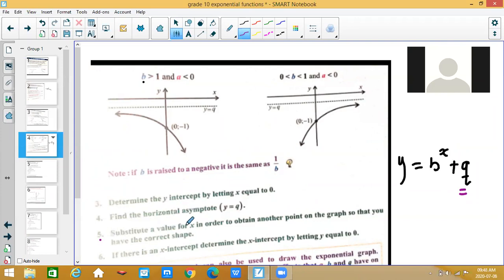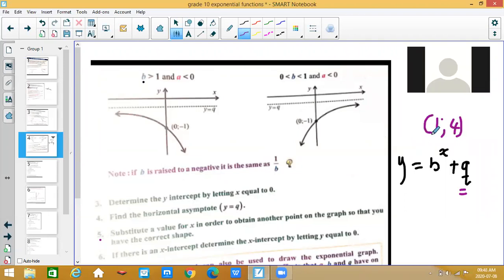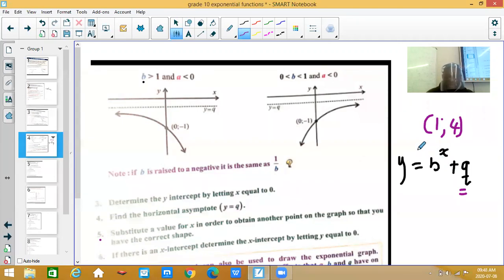Right. Let's suppose you are given a point, let me just take 1, 4. If you are given any point like 1, 4 and you substitute it here, it will give you the shape, whether it is curving upwards or curving downwards.